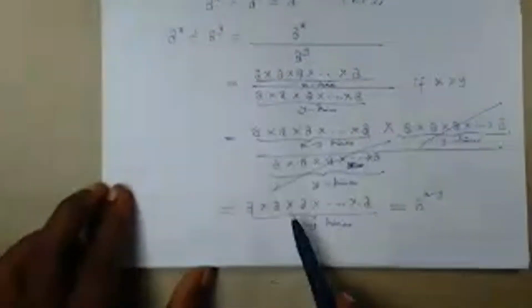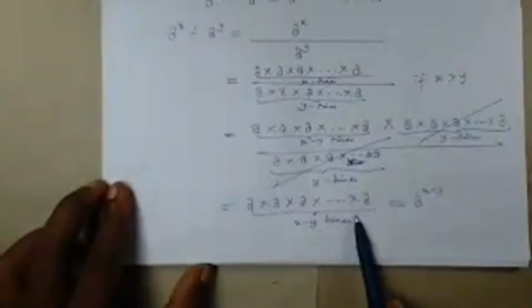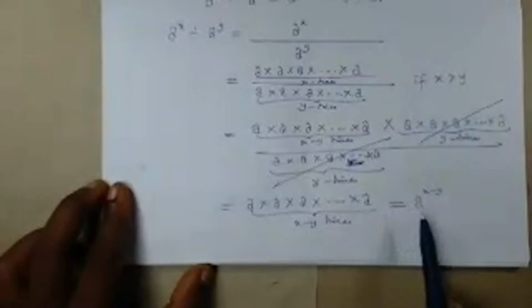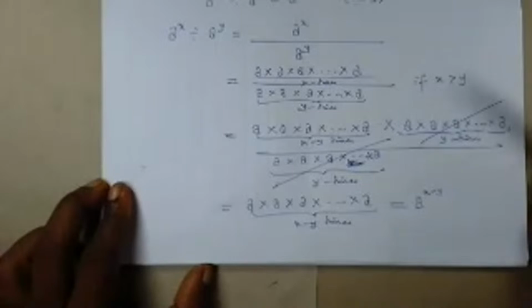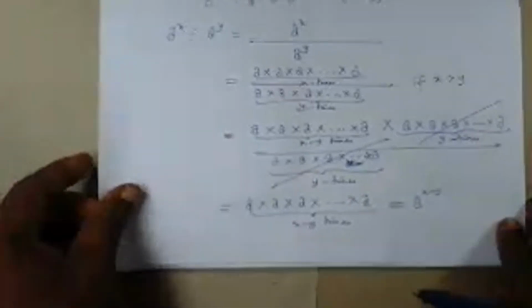So if you separate the a's in the numerator into two groups, extracting from them y a's, leaving you with x minus y a's, then the y a's in the numerator you've extracted will cancel the y a's in the denominator, leaving you with the x minus y a's in the numerator, and that would mean writing it in this manner, a raised to power x minus y. I don't know how terrible the network is, but I hope it is clear on your side.